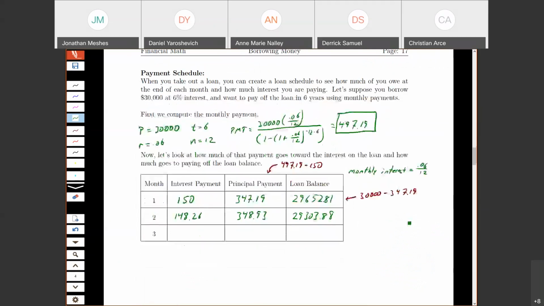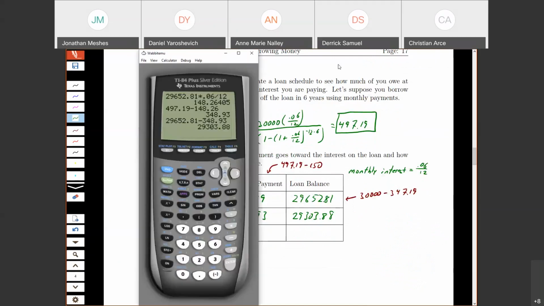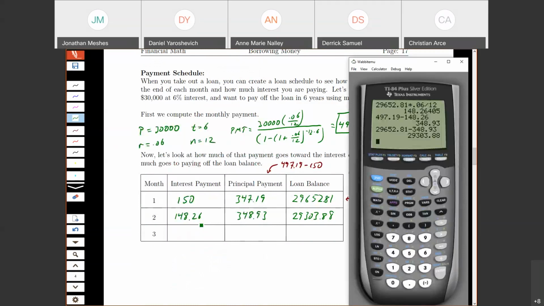And just to make sure that we all got it, we'll do one last one. For my interest payment, I take last month's balance and multiply it by 0.06 divided by 12. So we get 146.52 rounded to the nearest cent.